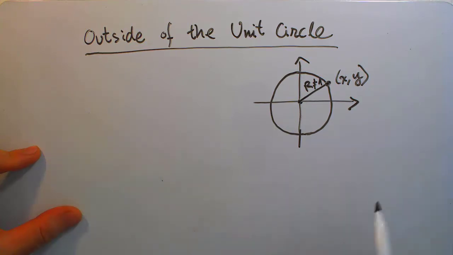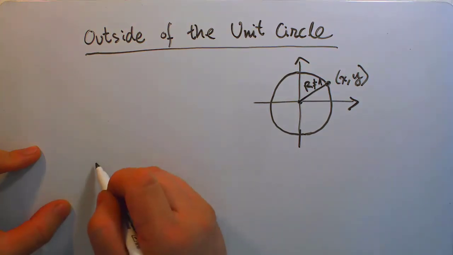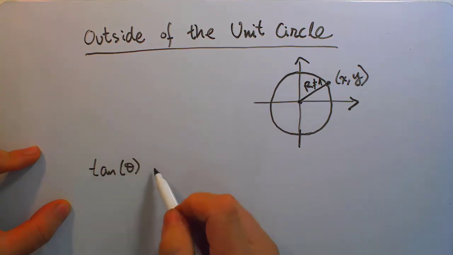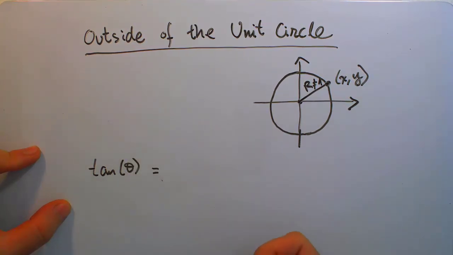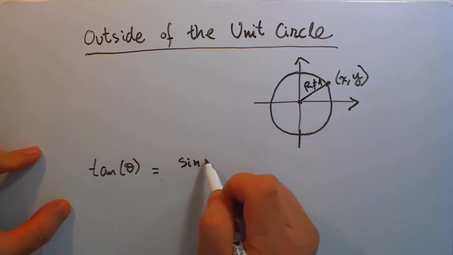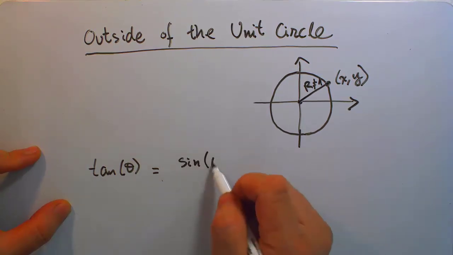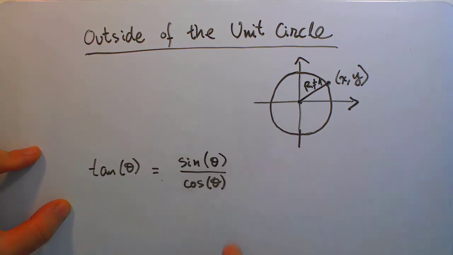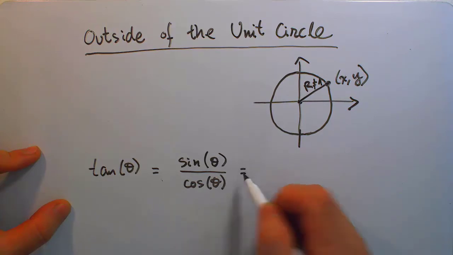And so, tangent theta, let's give a new look for each of these other trig functions. Tangent of theta is defined as sine of theta over cosine of theta.